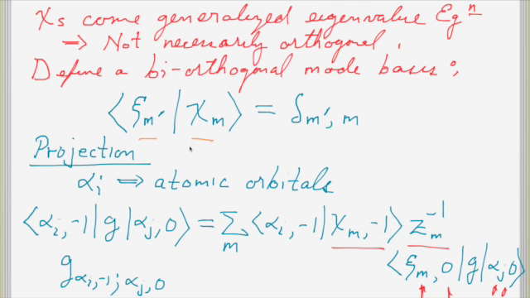It's an eigenmode. All I pick up is a z to the n for each site I propagate back, and then I project back into my orbitals at site -1. Don't worry about the z, you can just think of this as chi m here. We'll come back to this in a second. So I injected at 0 into alpha J, I find the response at 0 in chi m, and then I propagate back one site with my propagation factor and project it onto the orbitals at site -1.